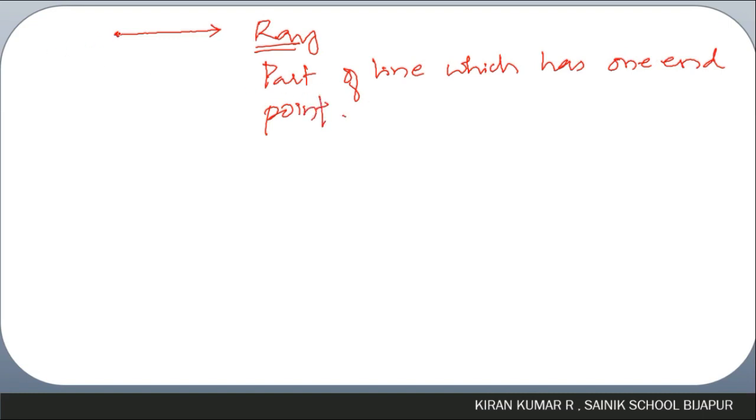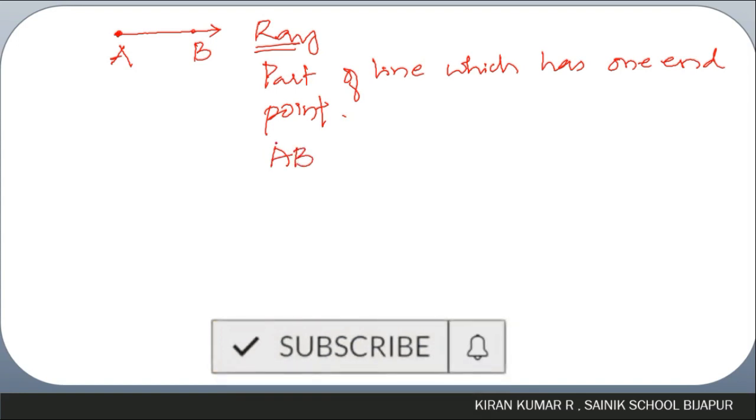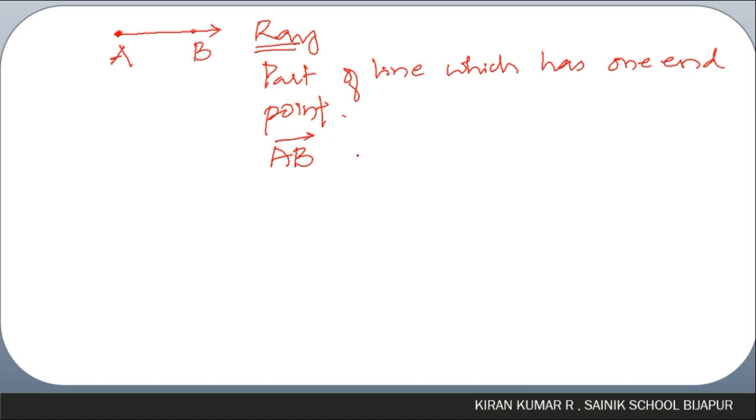This fixed point is called an end point. Suppose I mention AB over here, point A is fixed and point B is not fixed. We represent this as AB with a small symbol to represent the ray. It is read as ray AB.